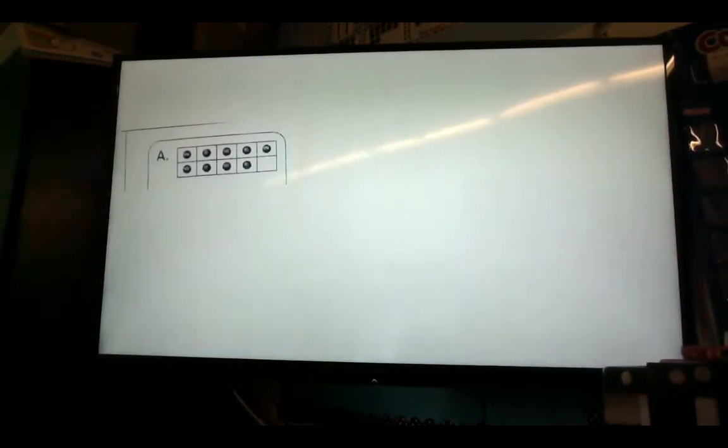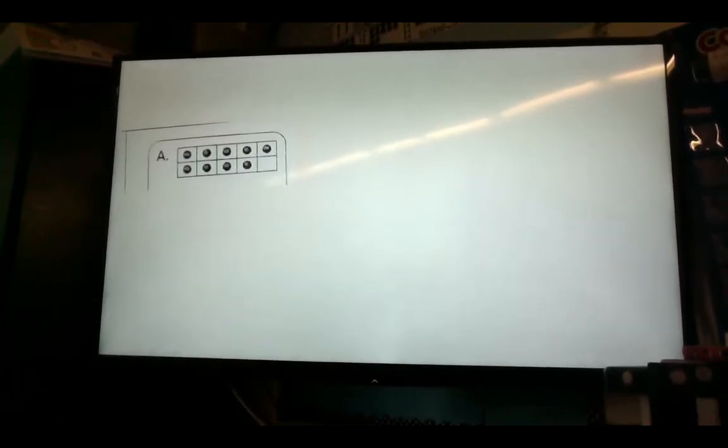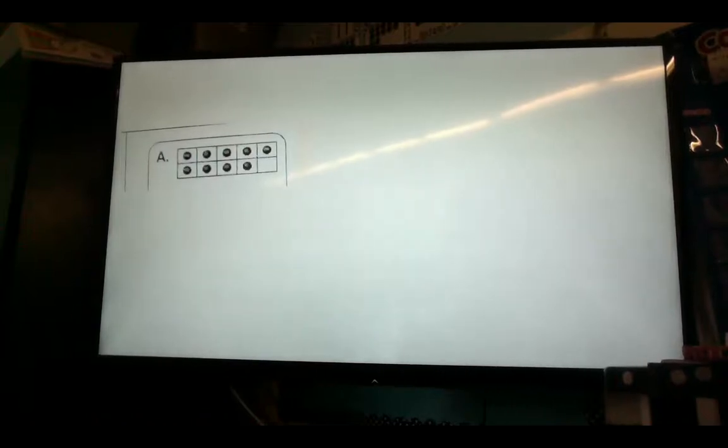Let's look at this 10 frame. How many dots do you see? Did you say you see 9 dots? If you did, way to go. How do you see these dots?